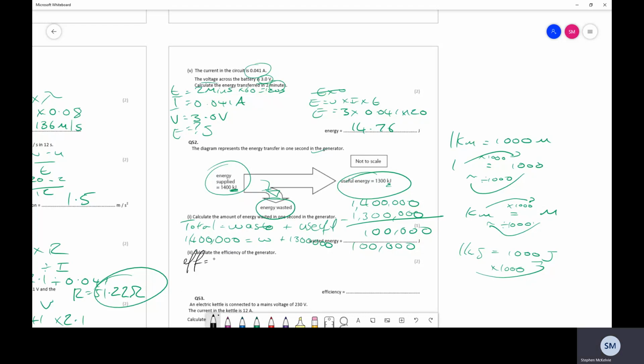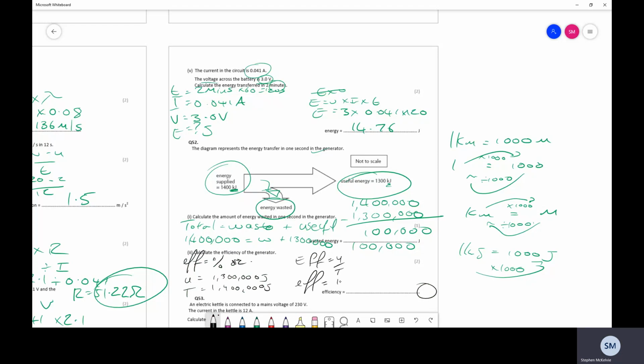Efficiency is a number. It can either be a percentage or a decimal. Over here, it's not asking me for anything, so I can do whatever I want. Useful is equal to 1,300,000 joules, and the total amount of energy is equal to 1,400,000 joules. So efficiency is useful divided by total.